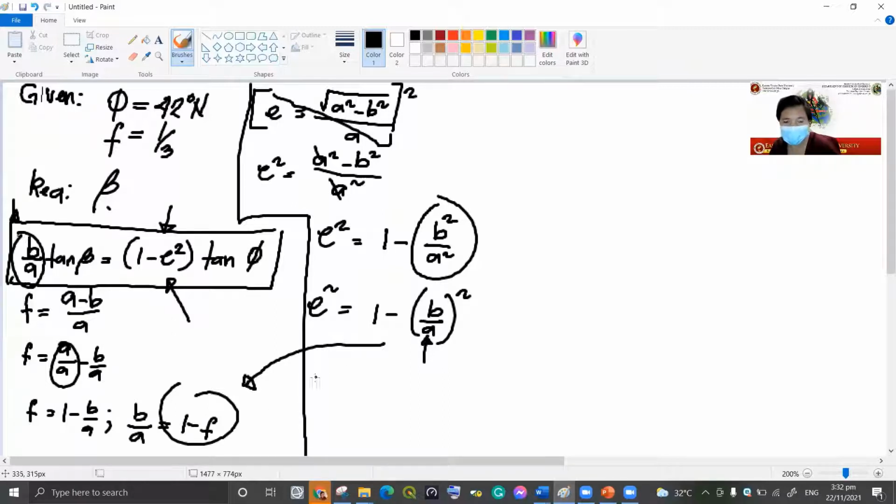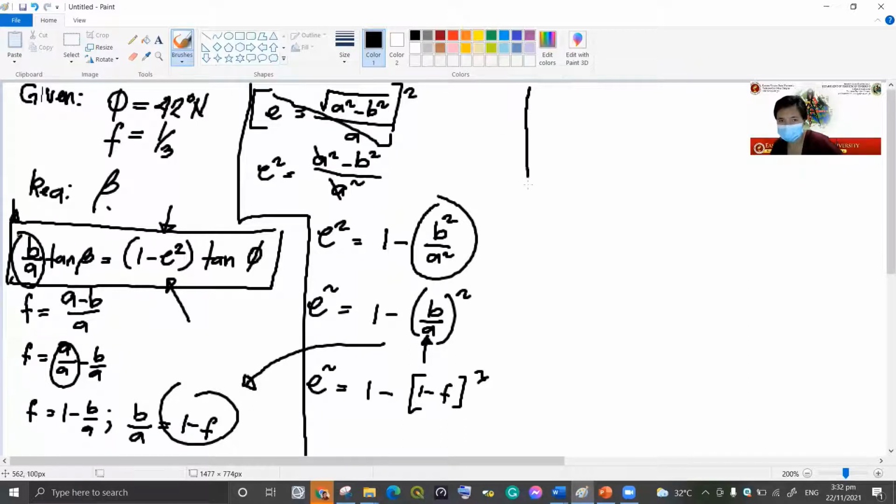Therefore, our e squared can be written as 1 minus (1 minus f) squared, since b over a is just equal to 1 minus f, then squared. So this is the equation we use for e squared.